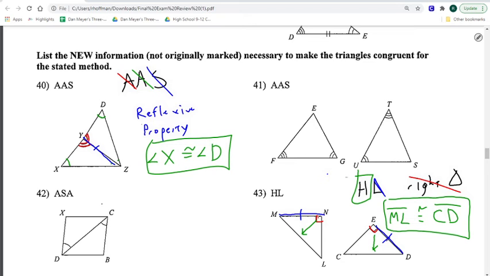That's the last information that I needed. Got 2 things, I need the 3rd. And so that comes down to understanding and knowing those congruent statements.